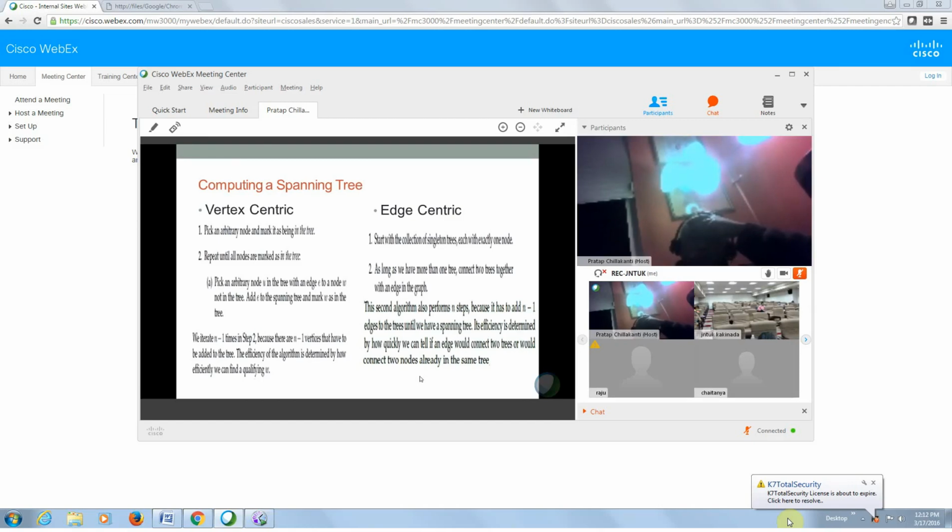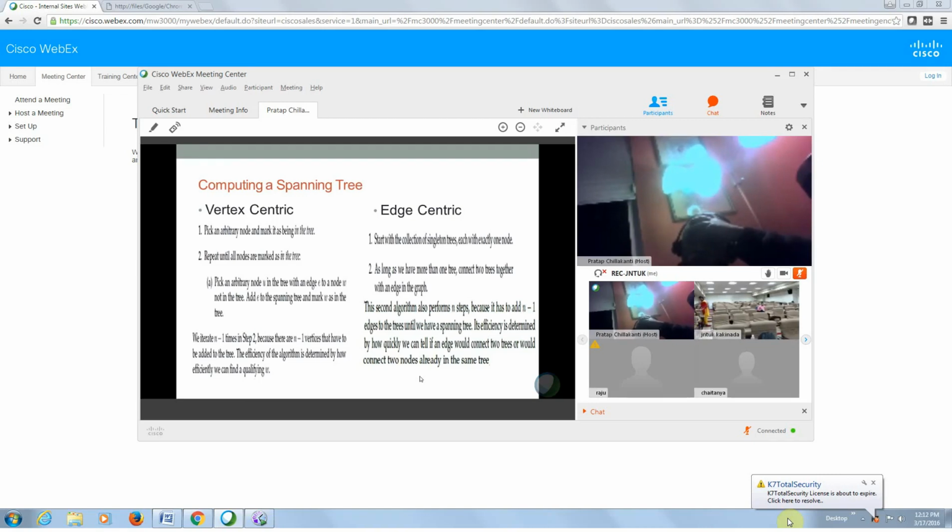Okay. So how do you do it with vertex centric? I don't think they would ask you, it's pretty easy. Okay. So you are picking an arbitrary node and calling it as being in the tree. Now a spanning tree, remember what is the definition of a spanning tree? It should include all the vertices.